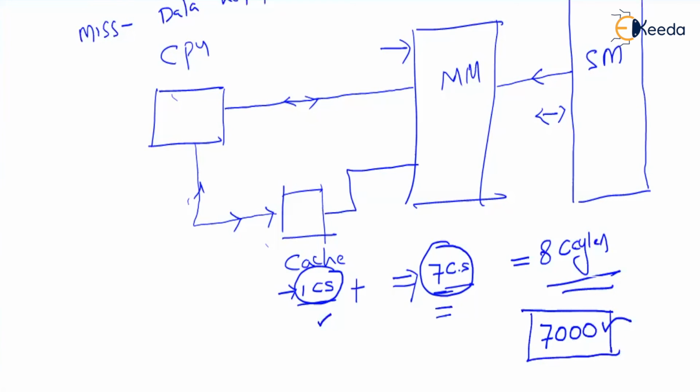If the CPU has to access the secondary memory directly, in the case of a miss in the cache and the corresponding data is not present in the main memory, all it takes is 7,000 clock cycles. This is the reason why CPU will never communicate with the secondary memory directly. Even though the data is not present, CPU will wait at main memory. Meanwhile, let the data get transferred from secondary memory to the main memory. Finally and eventually, CPU is going to read the data element only from the main memory. This is the fundamental rule.